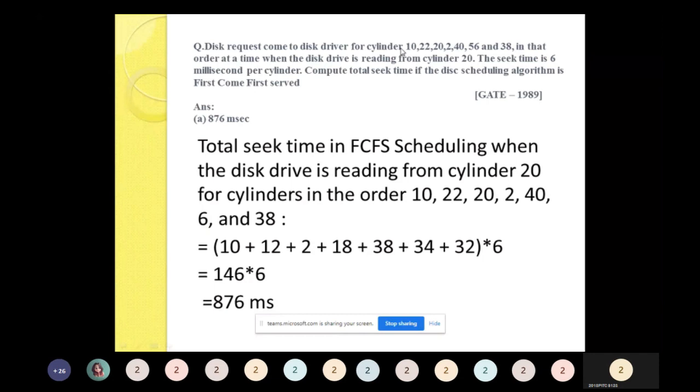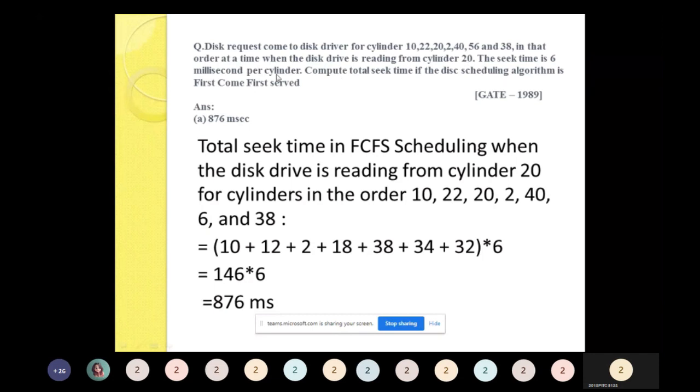The request queue is given, as well as the starting cylinder, which is 20.